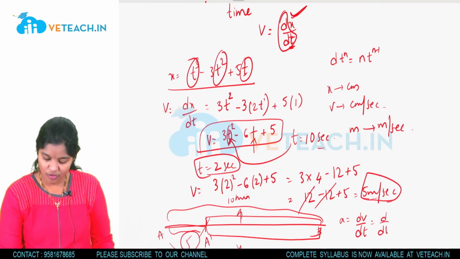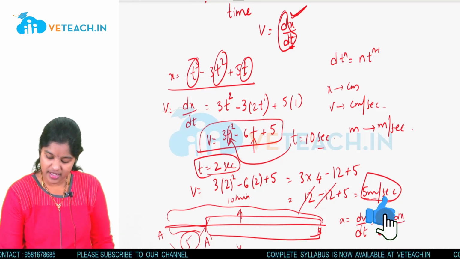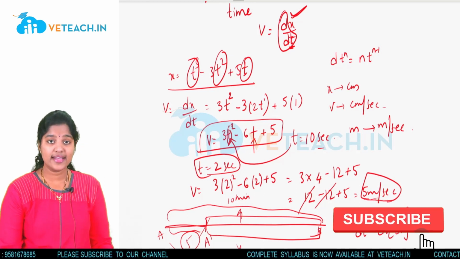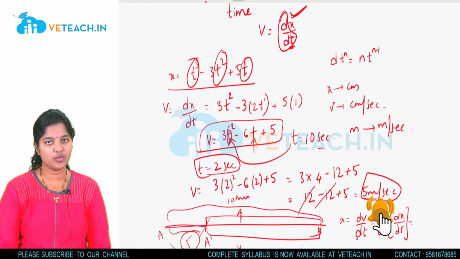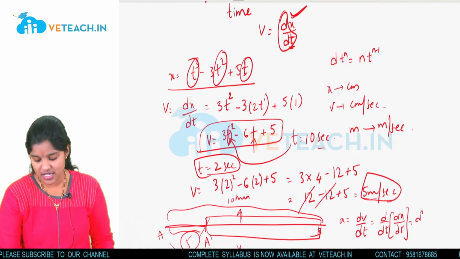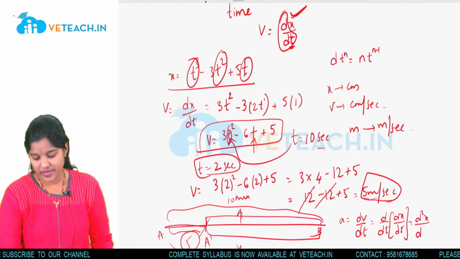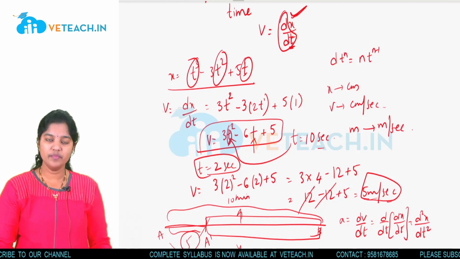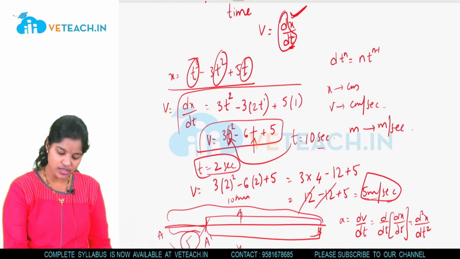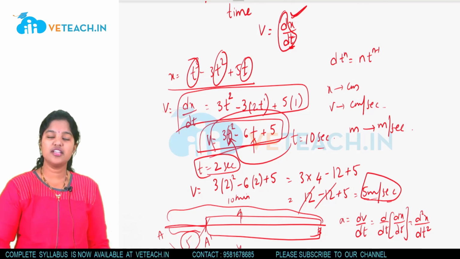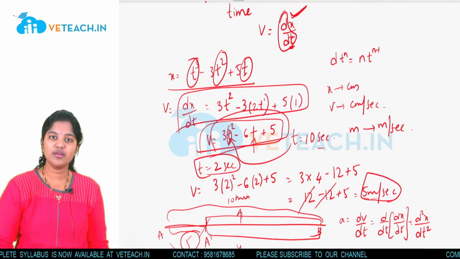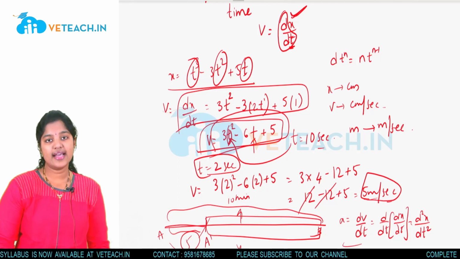V is nothing but dx by dt. So acceleration can be defined as the rate of change of velocity with respect to time, which in turn is d square x by dt square. Now we have already found dx by dt, that is v. Now differentiate that equation again with respect to t. You will get acceleration.